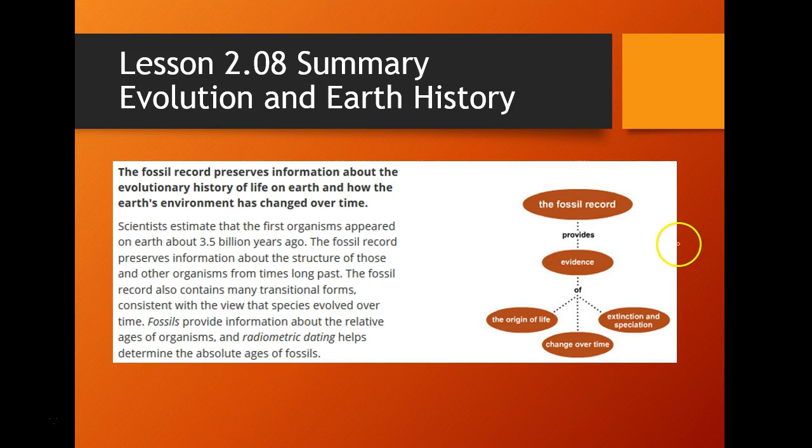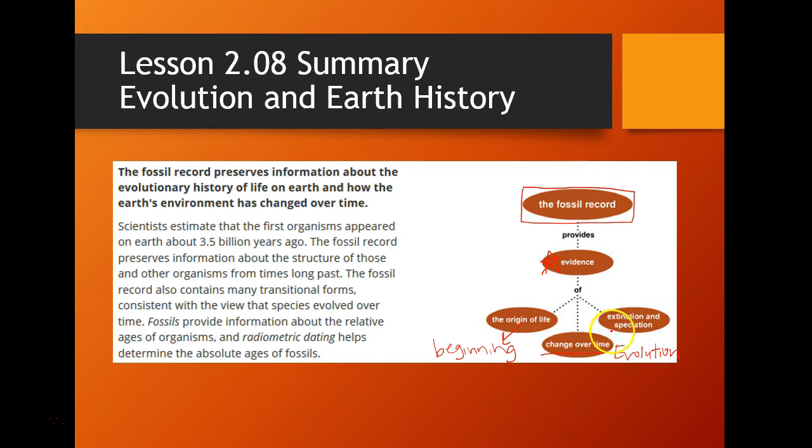So to summarize this lesson of evolution and Earth history, we can look at this diagram over here. We focused today on learning about how the fossil record provides evidence. It's a form of evidence of the origin or beginning of life. It provides evidence of change over time, which we know is evolution.